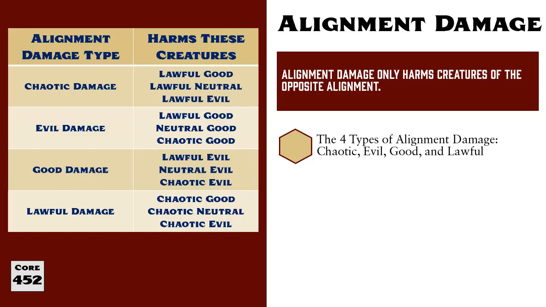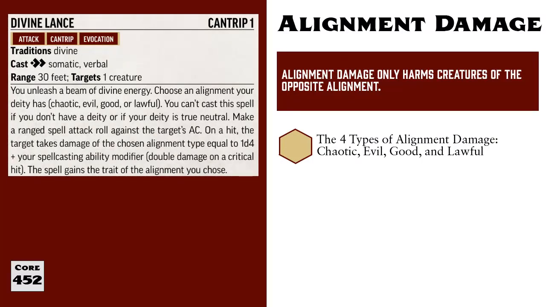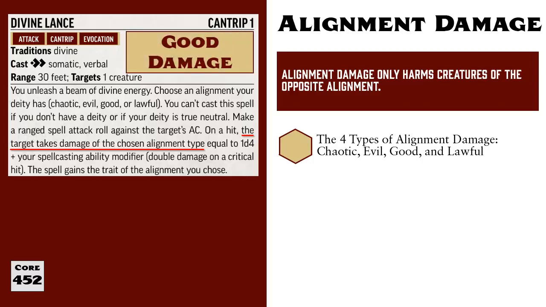So for example, the cleric of a good aligned deity attacks an enemy with divine lance. In the description for the spell, we see it deals alignment damage based on the caster's chosen deity. In this case, the spell inflicts good alignment damage, which means it will only harm a creature that has one of the 3 evil alignments.